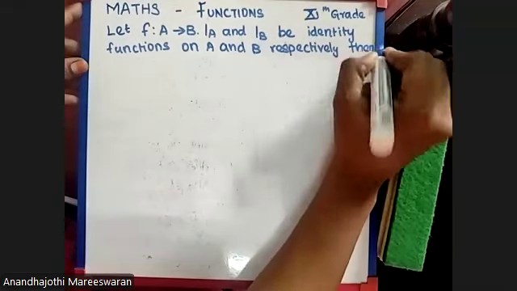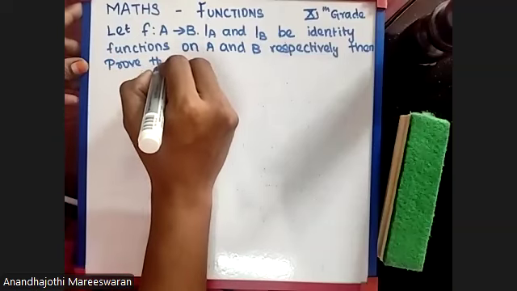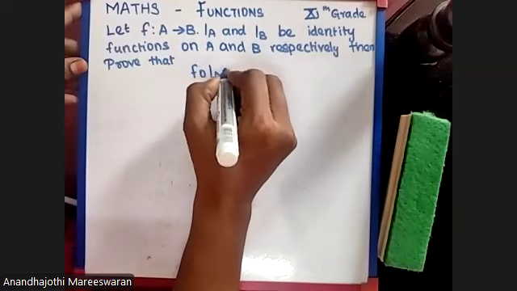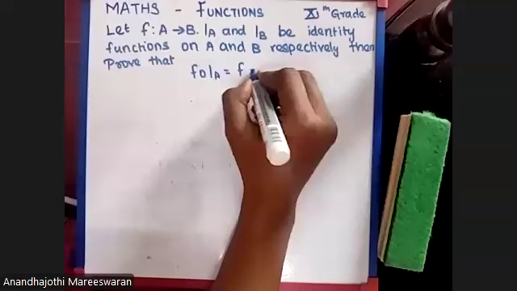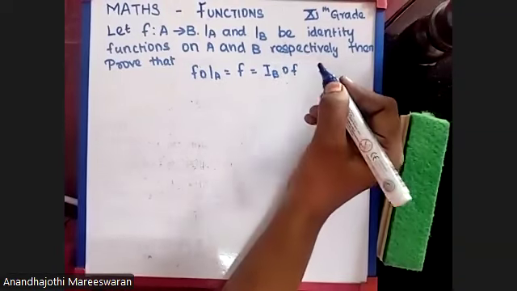Then prove that F circle IA equals F equals IB circle F.